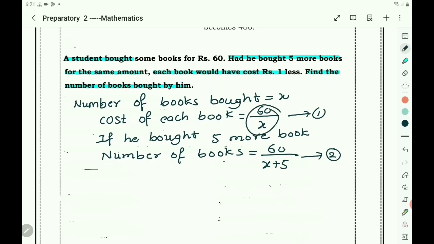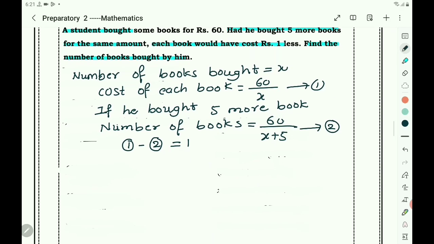First cost is 1 rupee more than the second cost, means 60 by x minus 60 by x plus 5 is equal to what? 1. So you take first minus second equals 1. 60 by x minus 60 by x plus 5 is equal to 1.